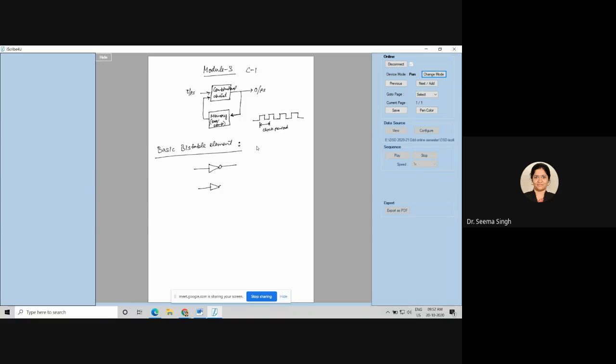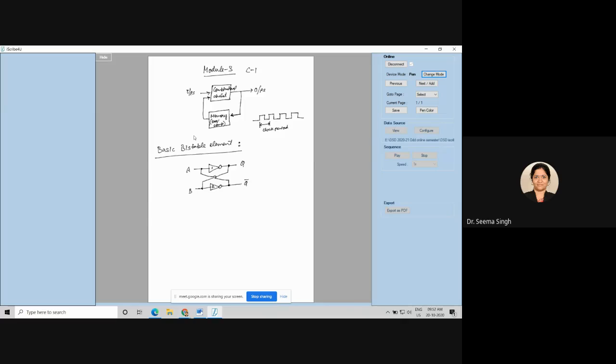Now I am showing you two NOT gates connected to each other in this fashion. The output of one is connected to the input of the other. I will call this gate 1 and this gate 2, with these as the inputs and these as the outputs.